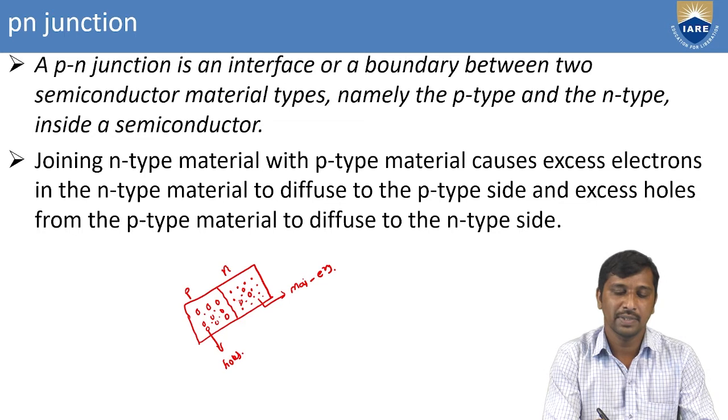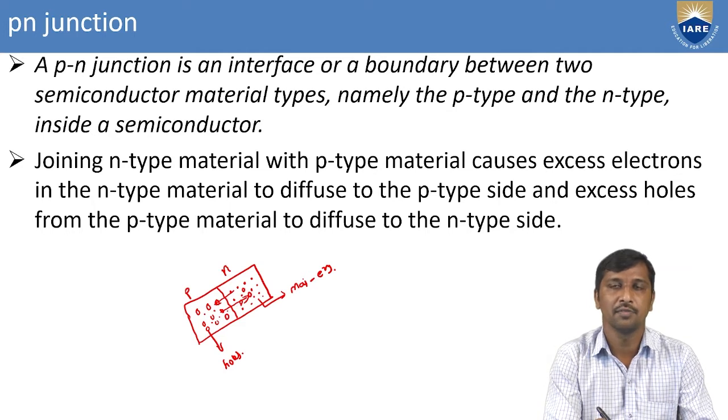Similarly, the holes are diffusing towards your n side. Electrons are diffusing towards the p side and the holes are diffusing towards your n side.